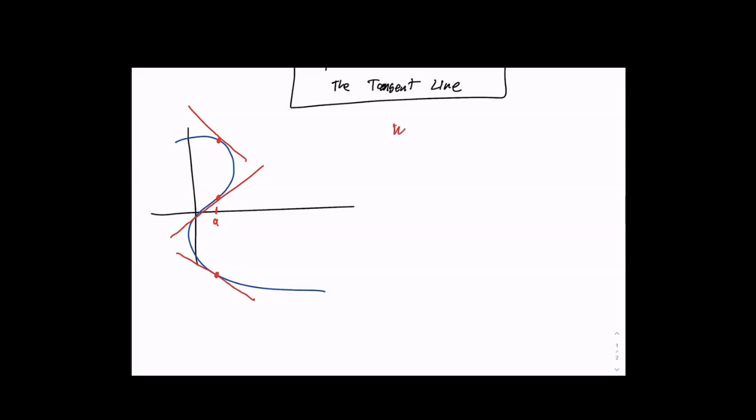So with implicit functions, tangents at x equals a can have multiple solutions.